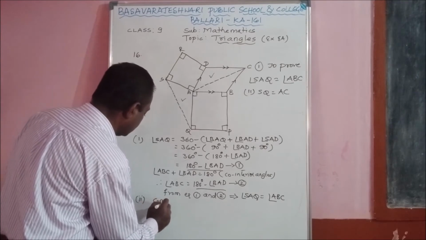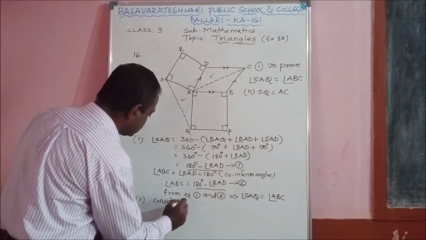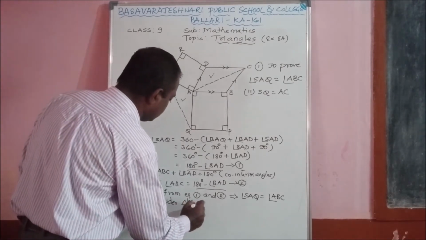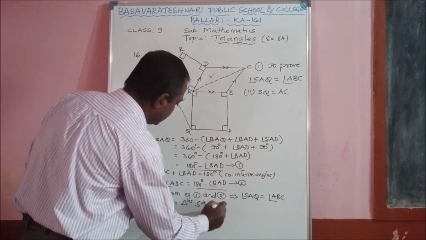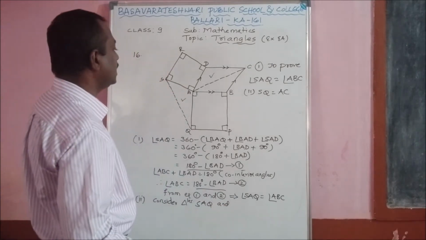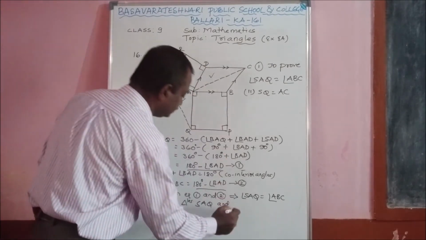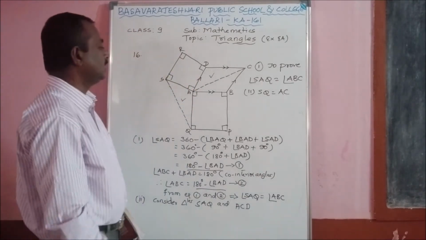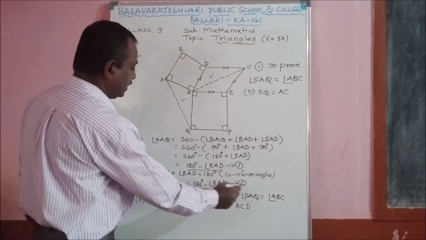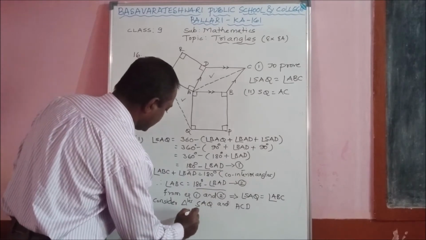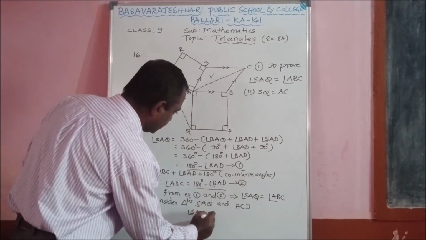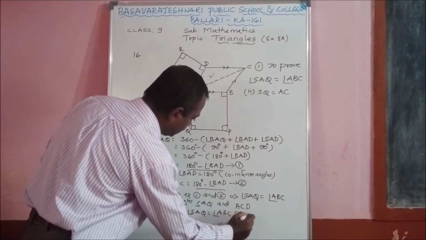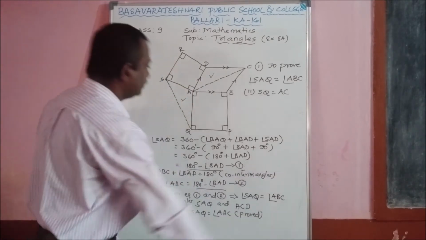Consider triangles SAQ and ACD. Now already we proved here angle SAQ is equal to angle ABC. Already we have proved.